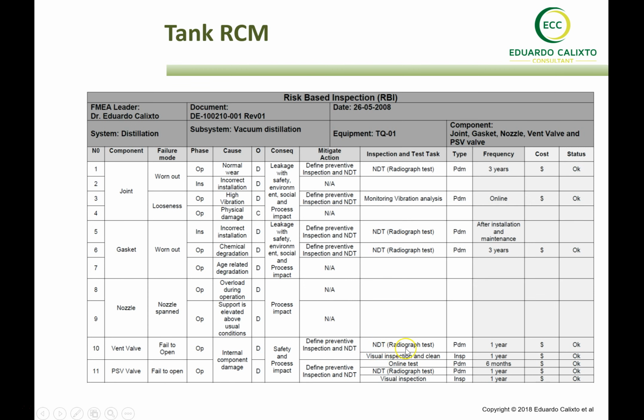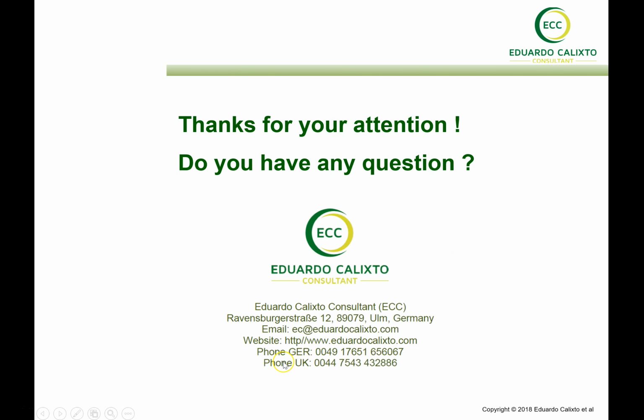So non-destructive test, radiography test, visual inspection and cleaning, online test. Visual inspection every year, non-destructive test for the vents every year, and radiography test as well every year. Okay, so we need to be sure that such devices that safeguard the tank in terms of safety are always in a state as good as new.